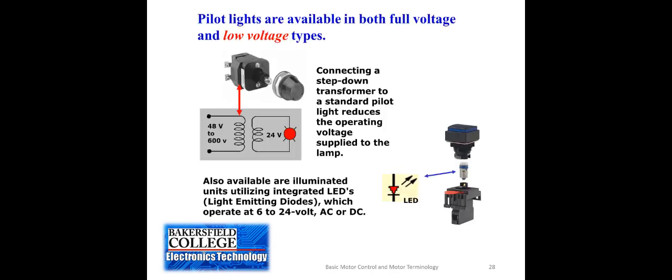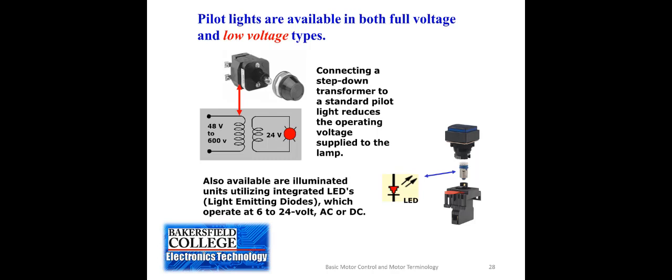There's sometimes when we want to have a pilot light operate at a lower voltage than the control circuit. So what you can find are pilot light holders, sockets, that have a built-in transformer that will take the high voltage and bring it down into a lower voltage.